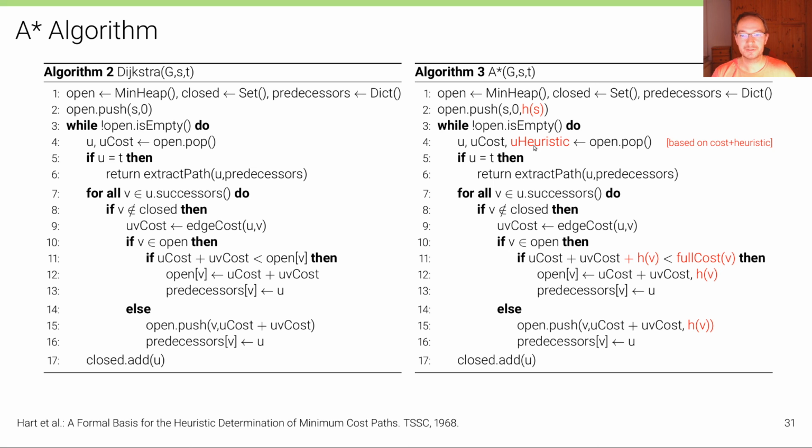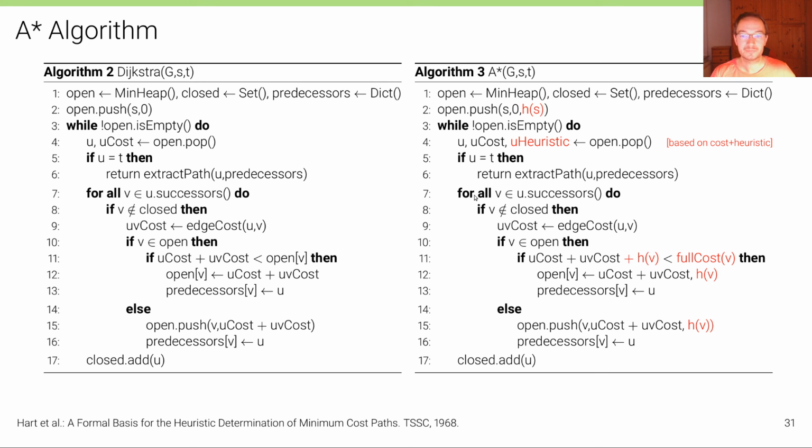So u cost and u heuristic together are the smallest element that we pop from the open min heap. Again, if u is the sink, then we return the final path through backtracking through the predecessors.